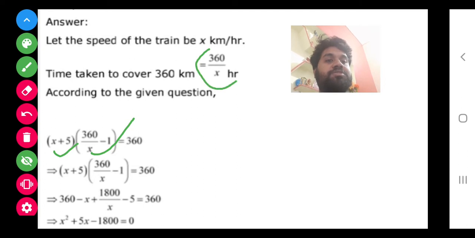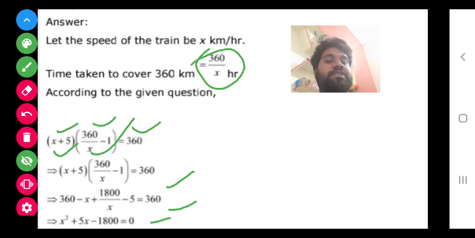Time is how much? This is the time now. So speed into time is equal to distance, and distance is fixed, that is 360. Now class, simply we have to solve for it. Here they have done multiplication and they have got this.